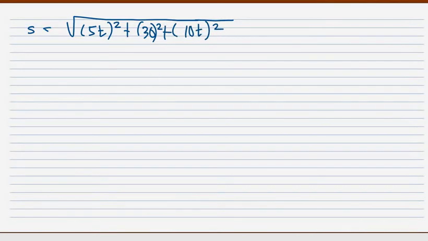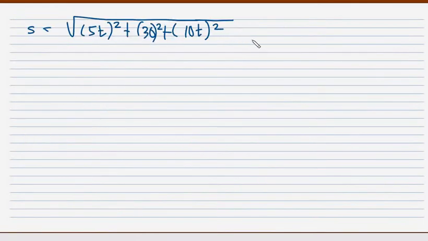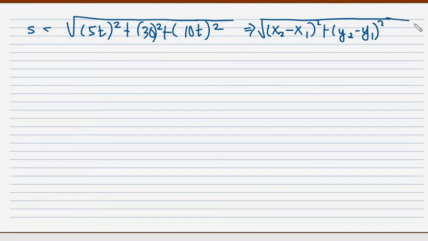That would be the equation defining S at any time t. This came from our distance formula: (x sub 2 minus x sub 1) squared plus (y sub 2 minus y sub 1) squared, plus (z sub 2 minus z sub 1) squared. We just use it here in terms of t.